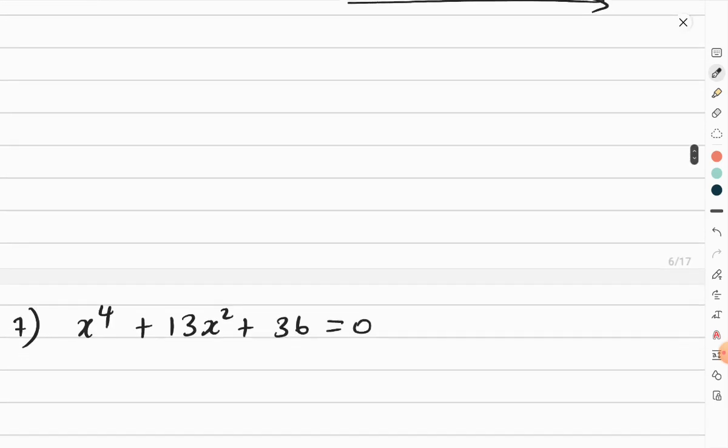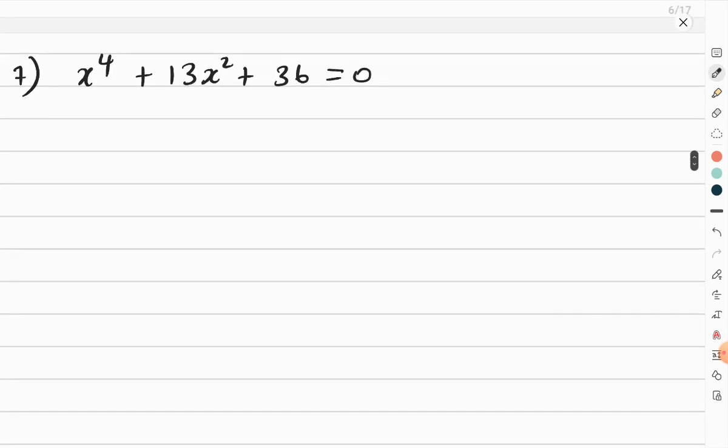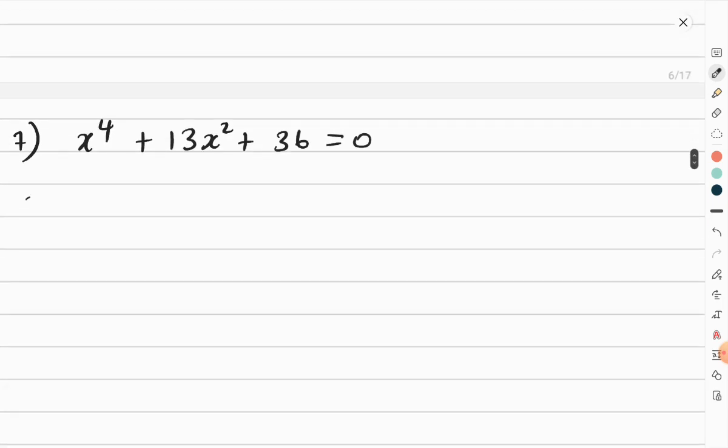Now let's check number 7. Number 7, we can approach it the same way, setting x squared equal to the solutions of the quadratic formula, or we can apply another approach: let k be equal to x squared, so that in the place of x squared we put k.